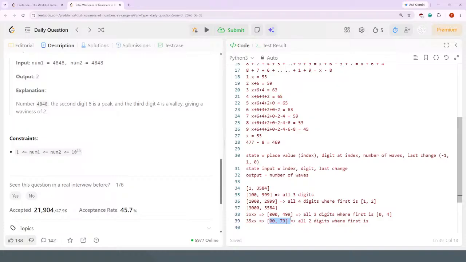So in this one in particular is all 2 digits. But it's 2 digits, can't really have a wave with 2 digits.